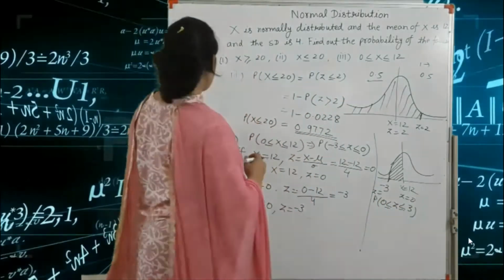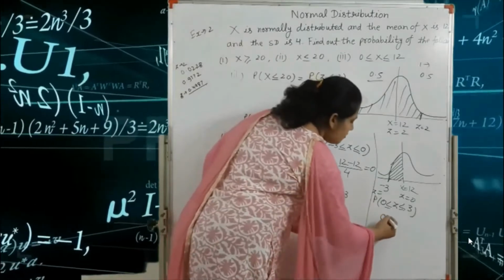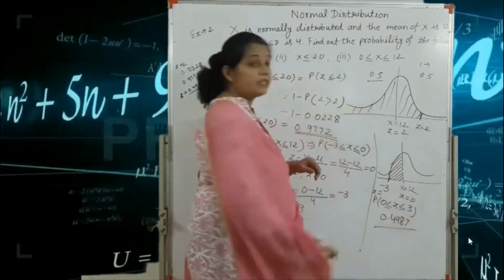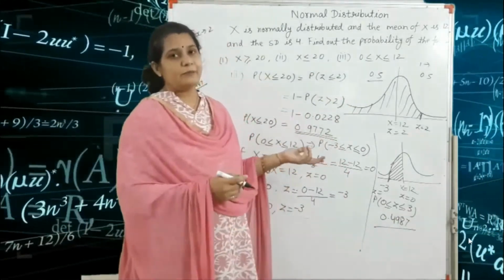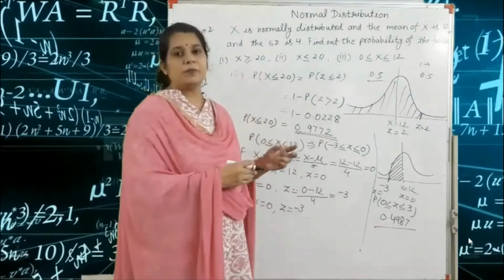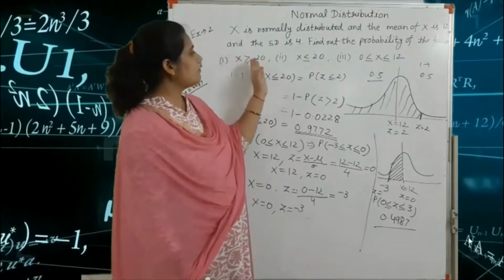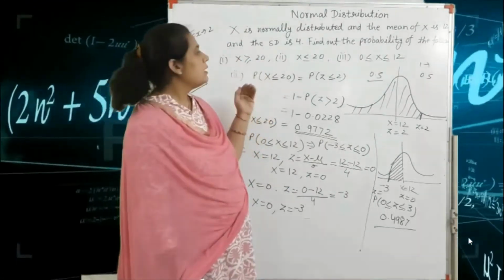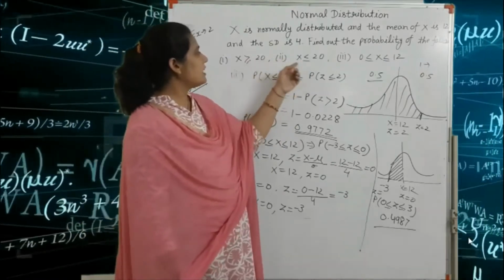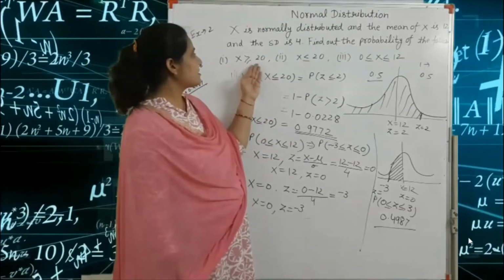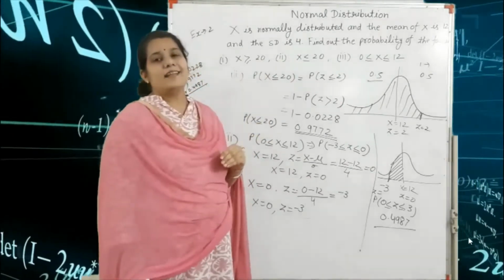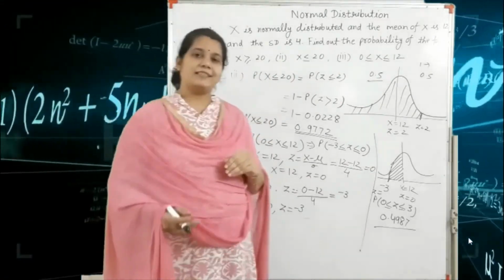The value for 3 is 0.4987 with the help of the Z table in the normal distribution. This is a very important example of the normal distribution, because these two terms are very important: first, x greater than or equal to 20, and second, x less than or equal to 20.